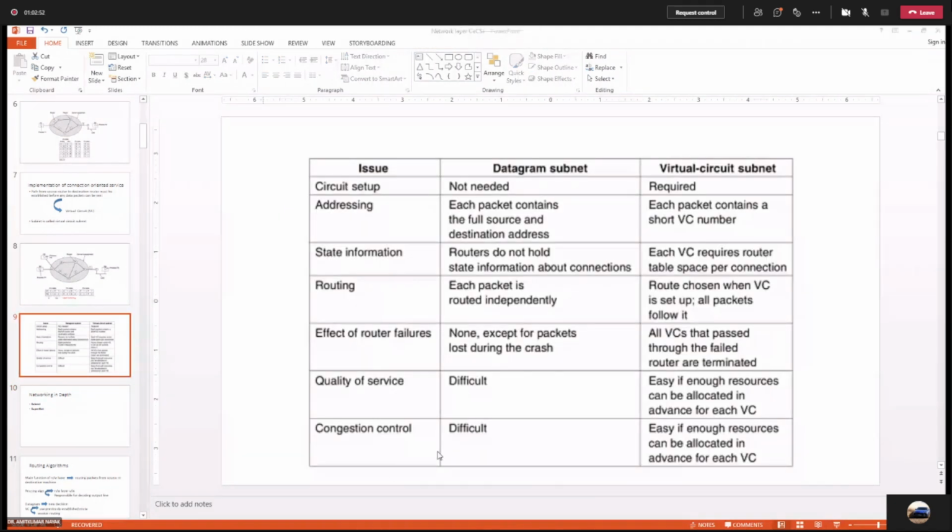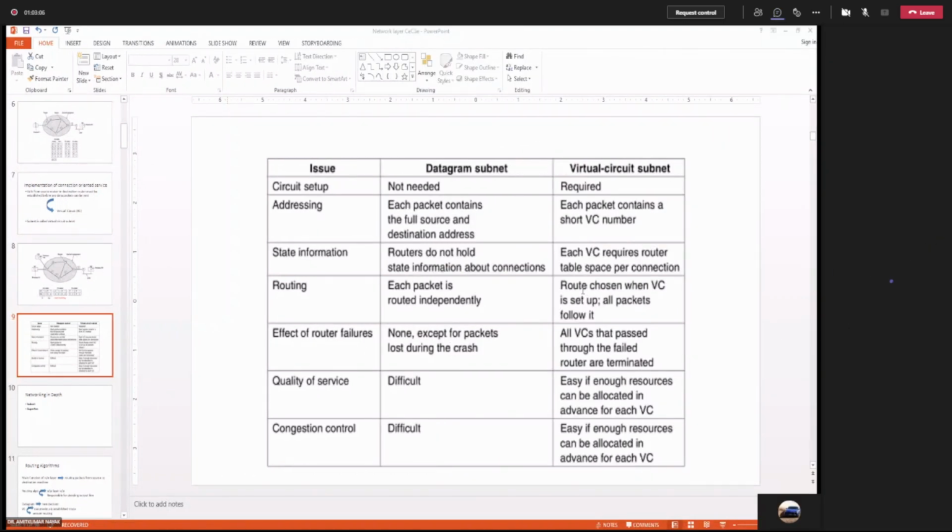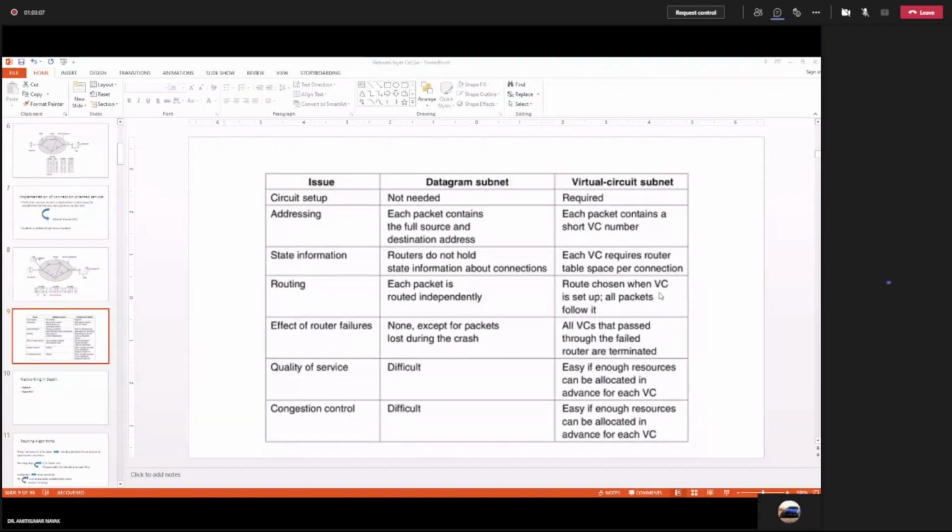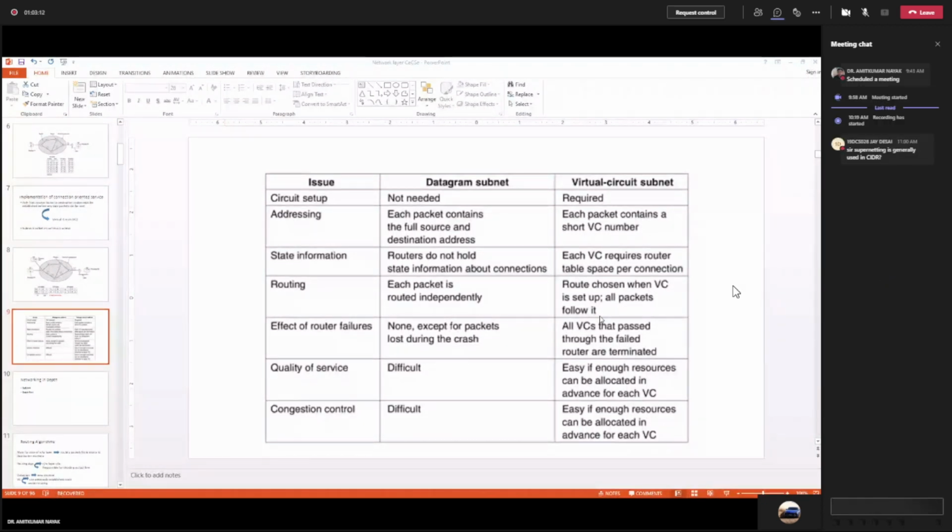So for now, if you have any question, any query, you can ask me. Jay has asked a question: sir, supernetting is generally used in CIDR, classless interdomain routing. Yes, supernetting is applicable to classless interdomain routing.